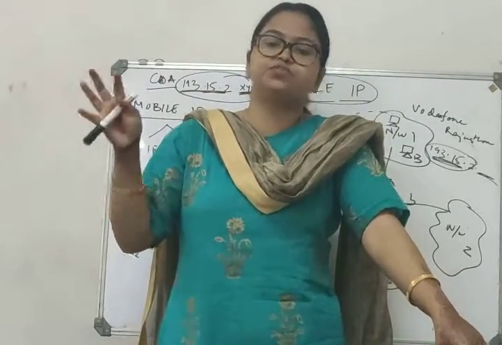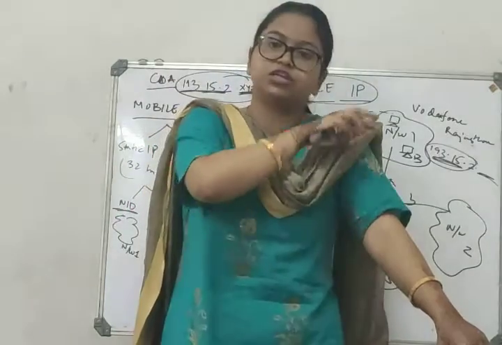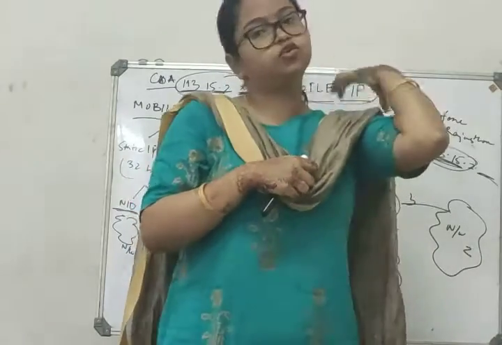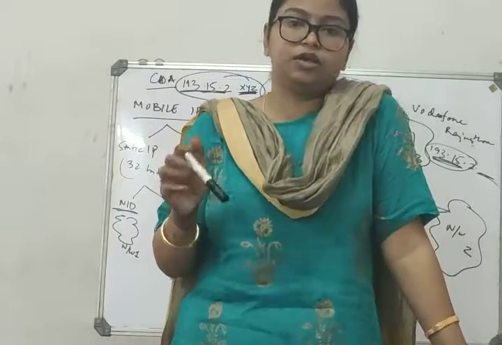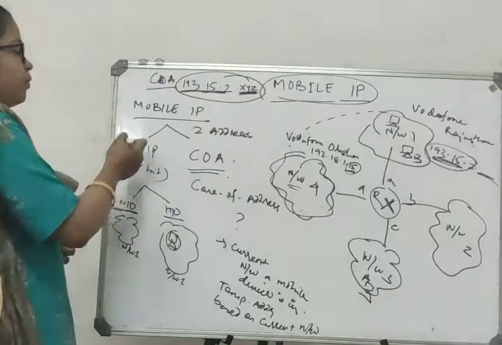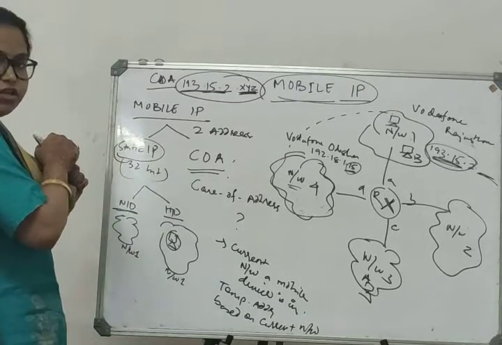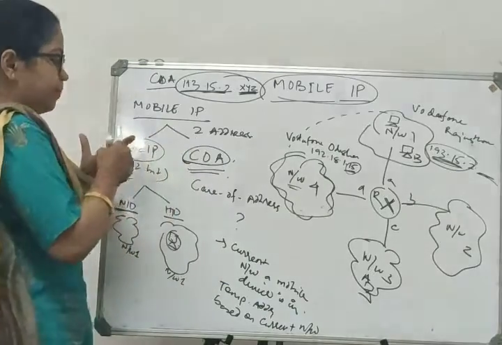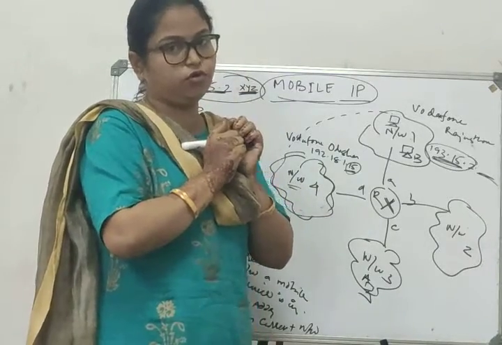My home network's responsibility is to route all the packets to my current location, wherever I am. Did you get it? So this is how mobile IP works. Normal communication takes place with static IP, and from the destination network, that is the home network, using the care of address, the packet is routed to the current location of the mobile node or device.